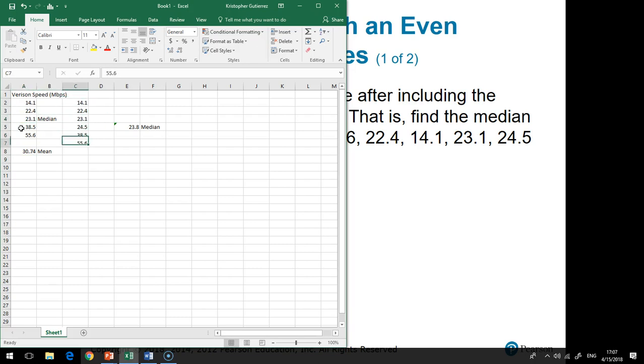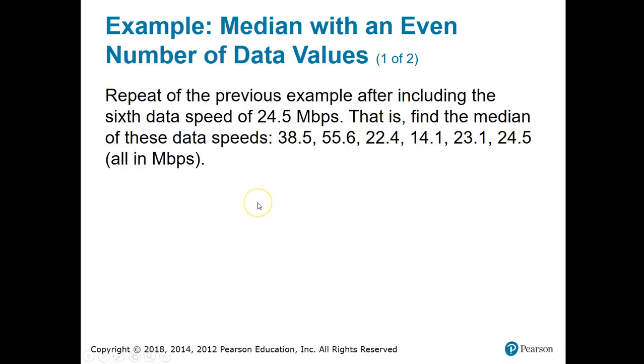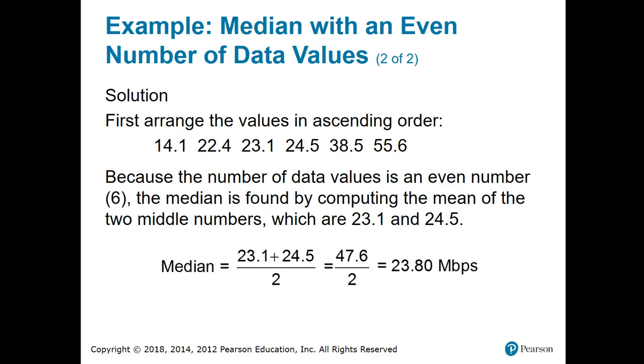For the 6 data points, we would have a mean of equals average, open parentheses, get it all. I got an extra one, that doesn't matter. 29.7. This will be our average in Excel. And this will be our median. 23.8 megabits per second.